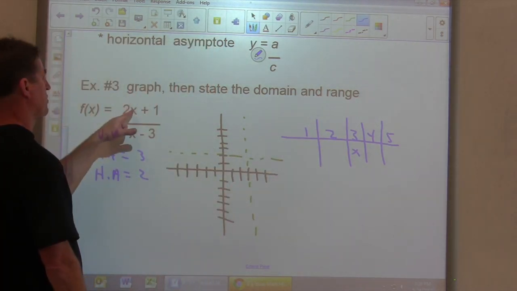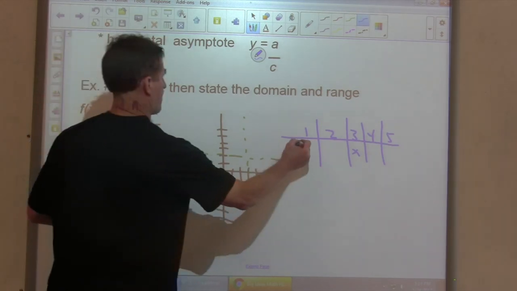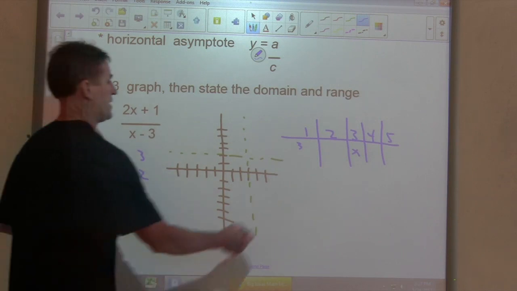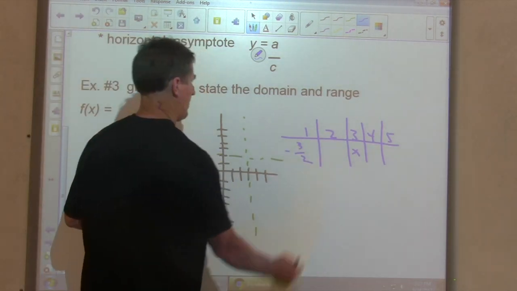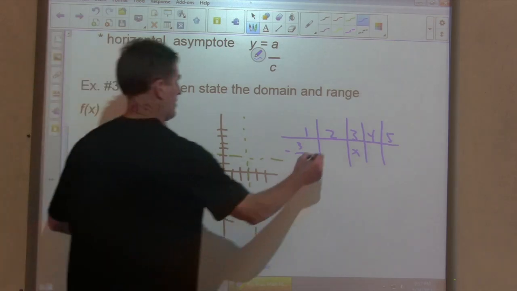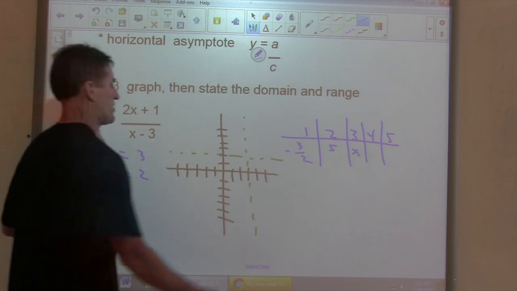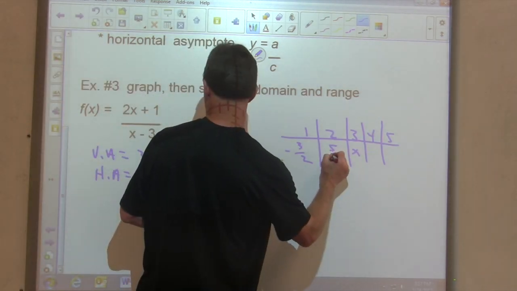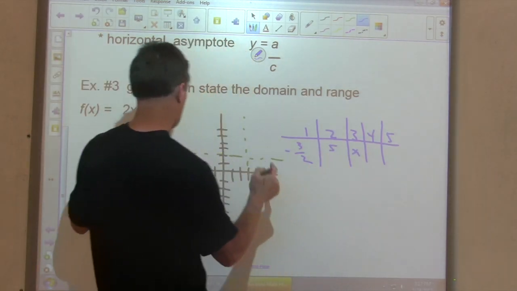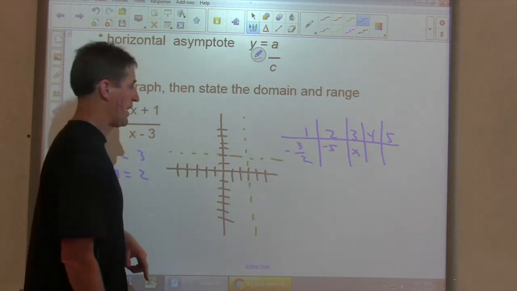So 1, 2 times 1 is 2, plus 1 is 3. And so we get 3 on top, and 1 minus 3 is a negative 2, so negative 3 halves. Plug in 2, that would be 4, plus 1 is 5 in our numerator. Or 5, sorry, plugging in 2. 2 minus 3 is negative 1, so that would just be a negative 5.